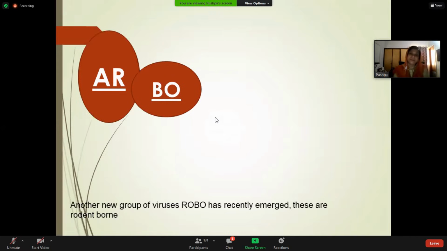Usually these fevers are transmitted by different species of mosquitoes, usually the Aedes mosquito, and different ticks are also involved. And the new group of viruses, roboviruses. In this, the rats or rodents harbor the disease and then transmit it to the human being.